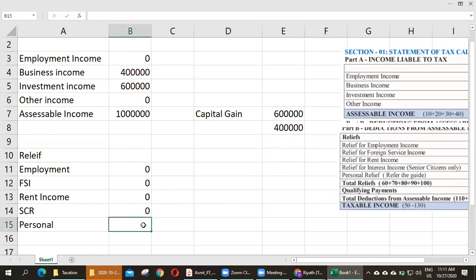Therefore, we can take only 400,000 as personal relief, not 500,000.